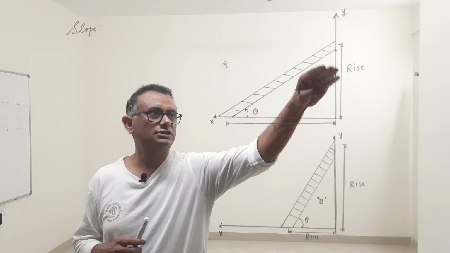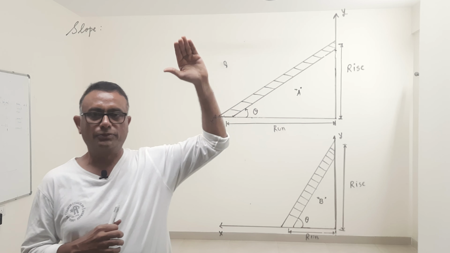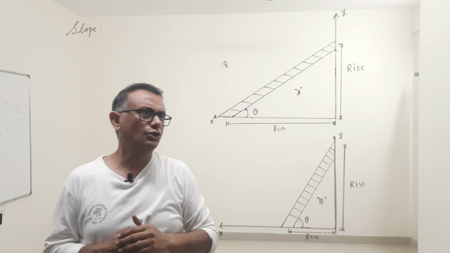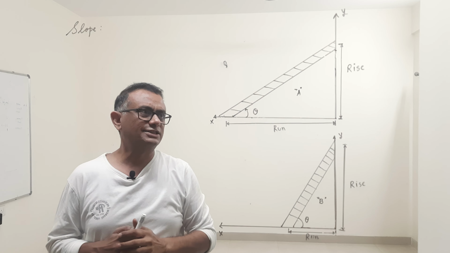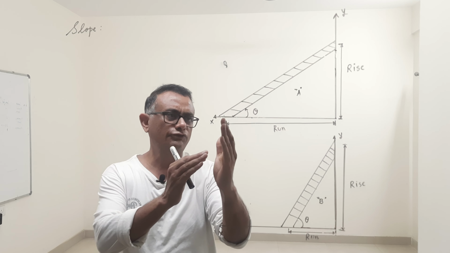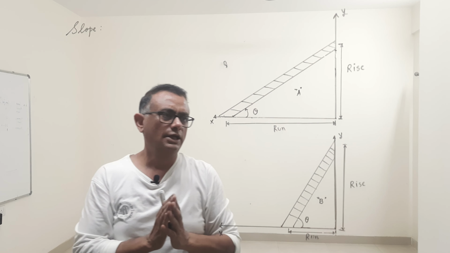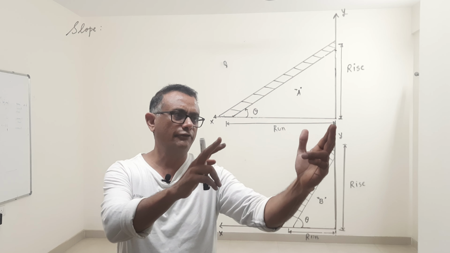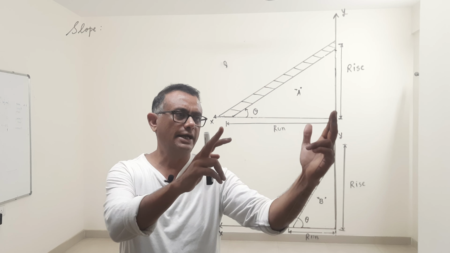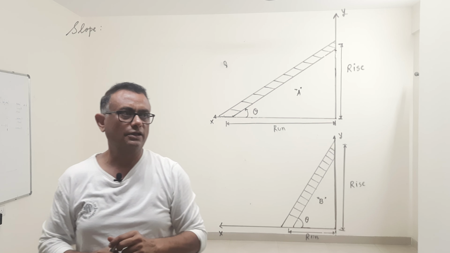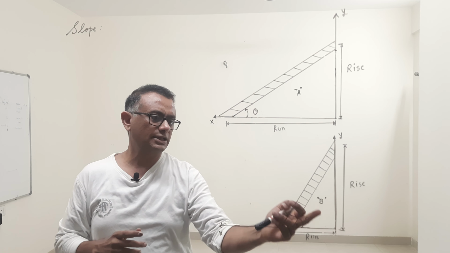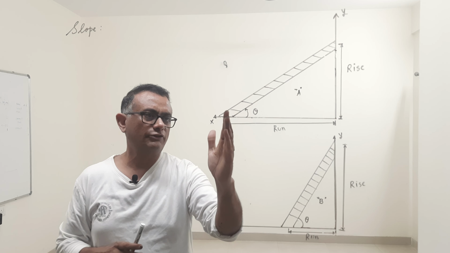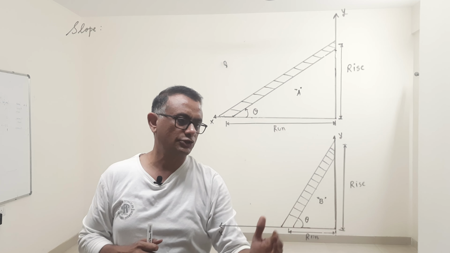So the ladder is somewhere in the middle of the wall, not propped to the top. This particular distance is what we call the rise, and the foot of the ladder is away from the wall, and this distance between the foot of the ladder and the wall is what we call the run.